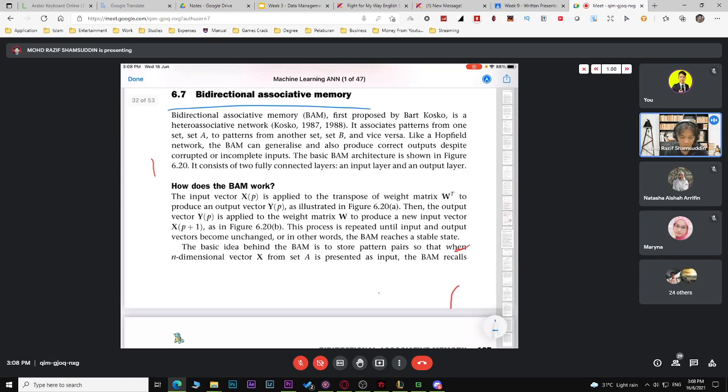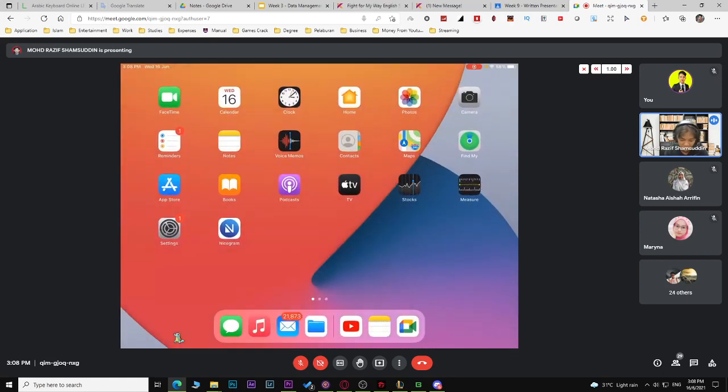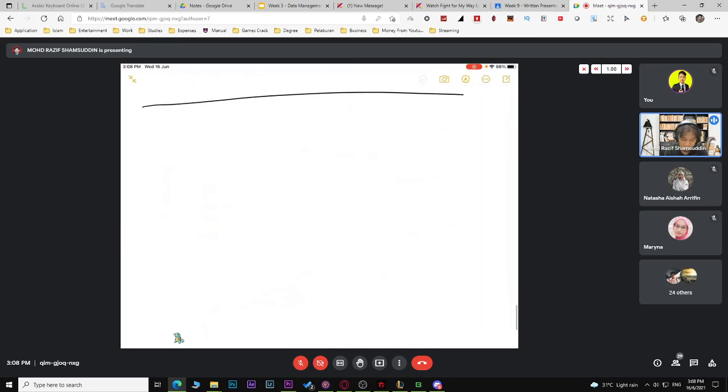Bidirectional associative memory. So what does bidirectional associative memory do? Okay, I will use the same example. Instead of a network that memorizes the input to the output with the same vector, bidirectional associative memory has 2 layers.